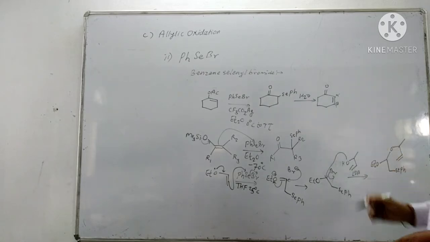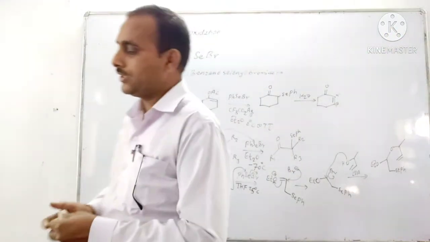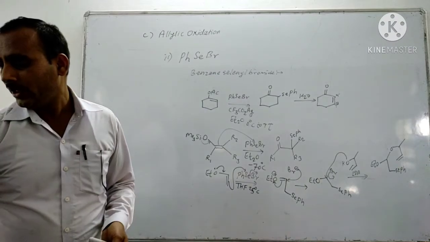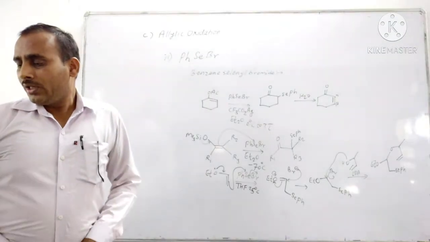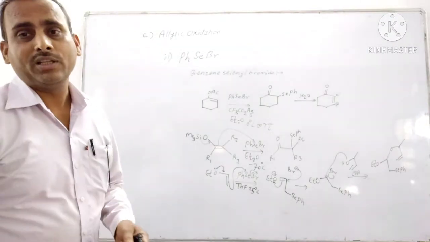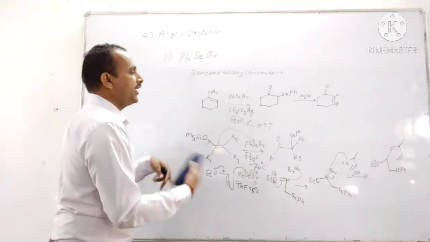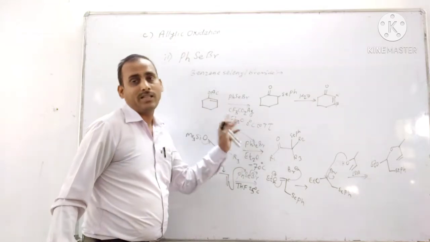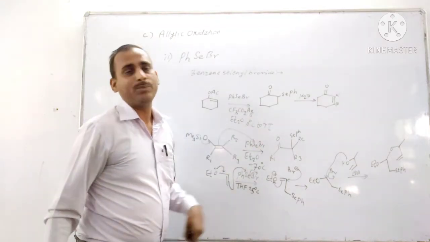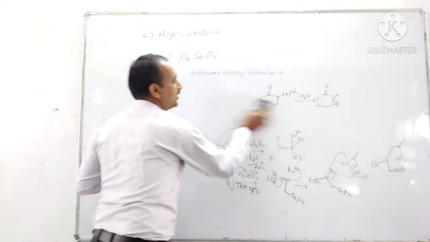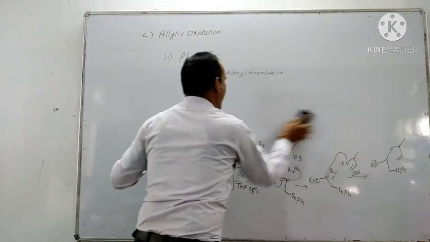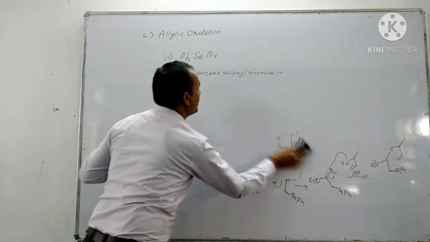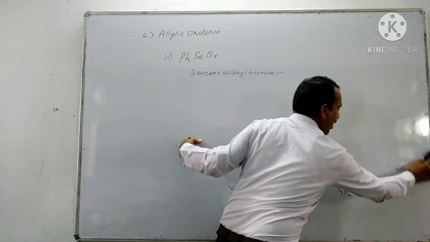So this type of product is obtained from this reaction. Okay, if reaction with carbanion, so if there is carbanion generated, then similar to this reaction, carbanion attacks on selenium, Br minus gets eliminated. So let's see the example of such attack of carbanion on benzene selenyl bromide.